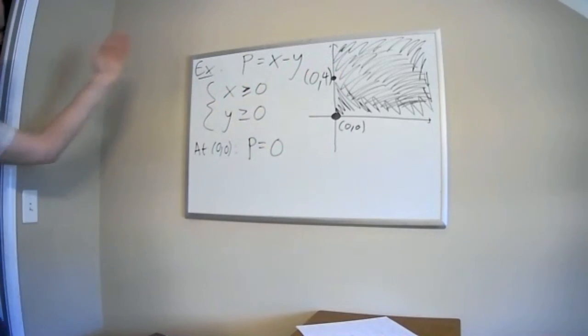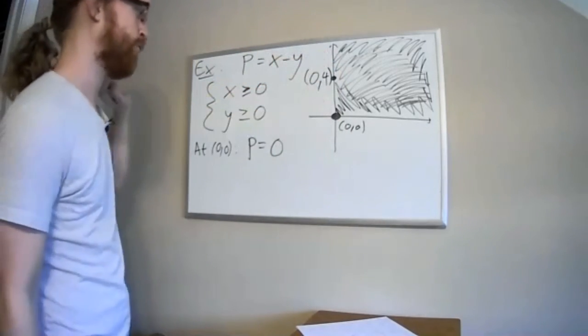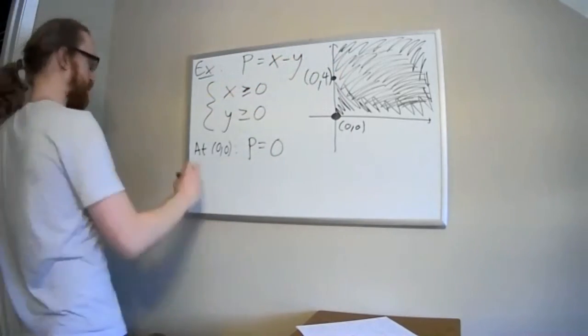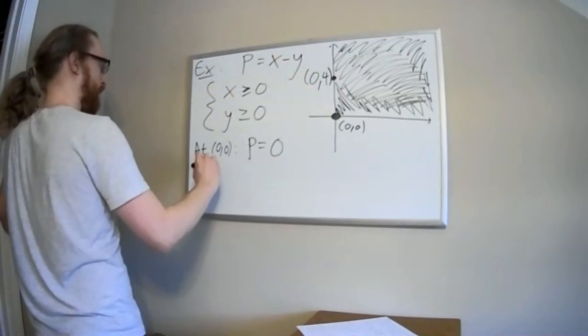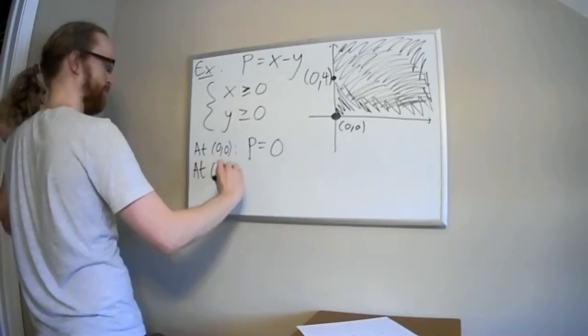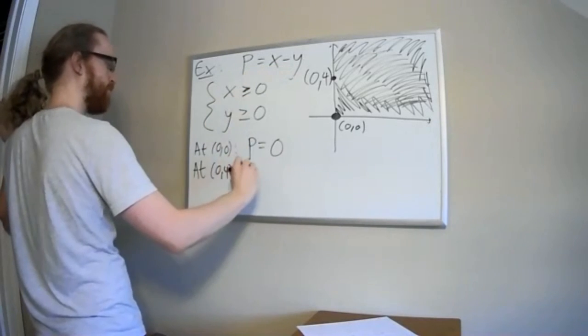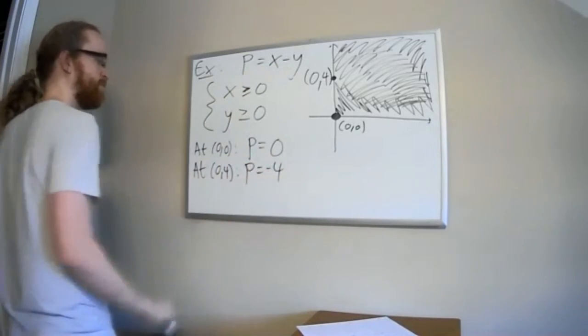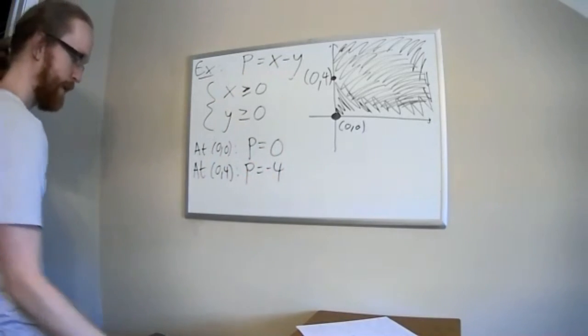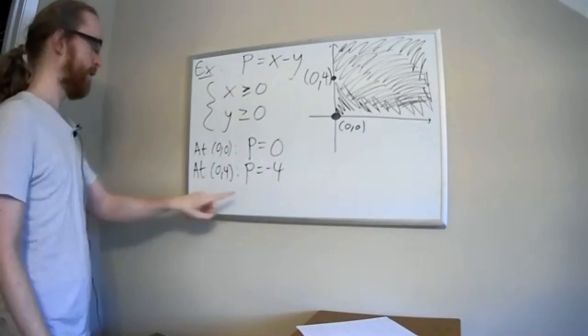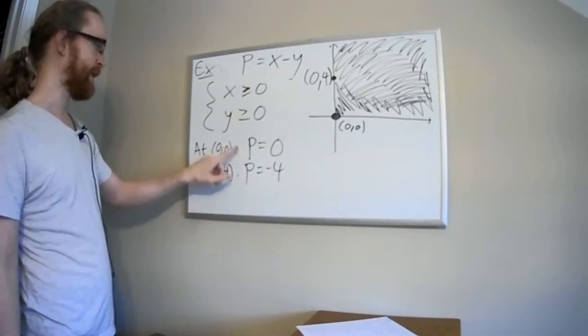You can pick any point on the y-axis other than the corner point. So let's just test it and see what happens. At the point 0, 4, what is p? I'm going to get 0 minus 4. So p equals -4. Okay. So now let's compare. Is this bigger or smaller than what I got at the corner point?